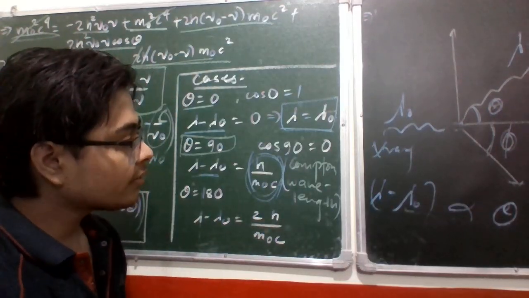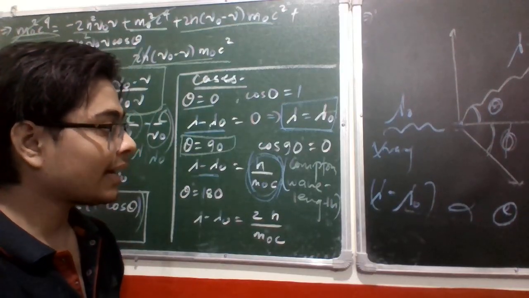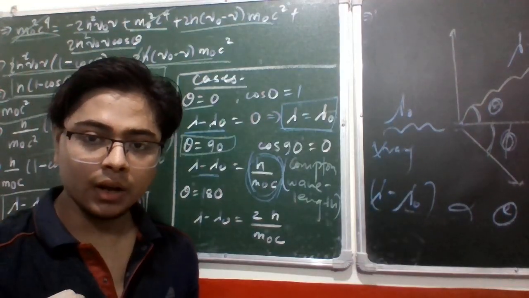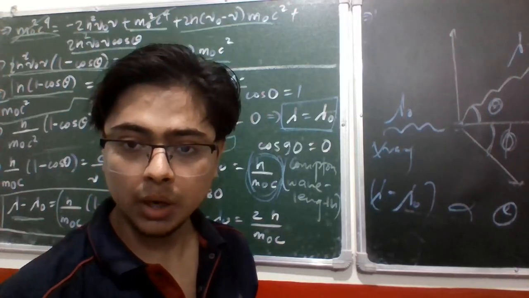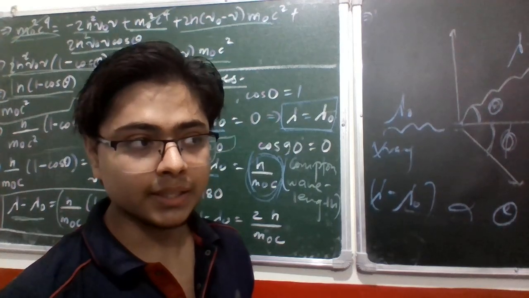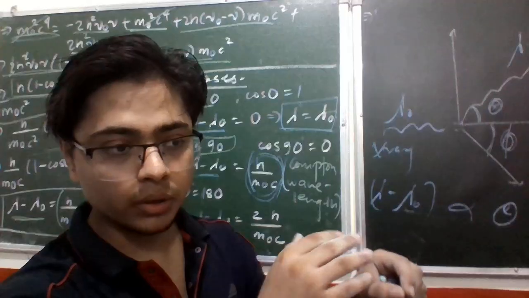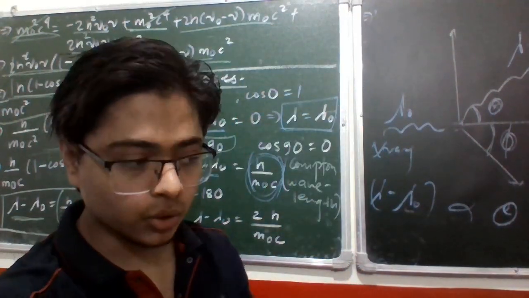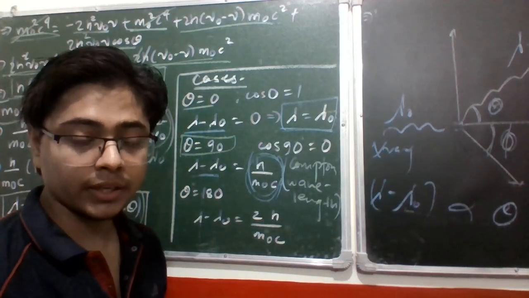So when I say the shift in the wavelength is equal to the Compton wavelength, what I mean is that whenever the X-ray strikes an electron, the scattered X-ray went perpendicular to the original direction.